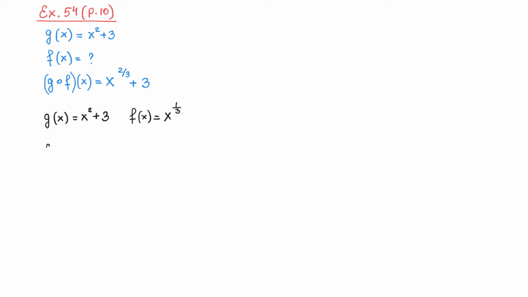So if we take the composition of g and f, that means we replace x with x to the power of 1 over 3. We raise this to the power of 2 and we add 3. But x to the power of 1/3 to the second power is x to the power of 2 over 3, then plus 3. So we can say that indeed f of x has to be x to the power of 1 over 3. And this will be the answer.